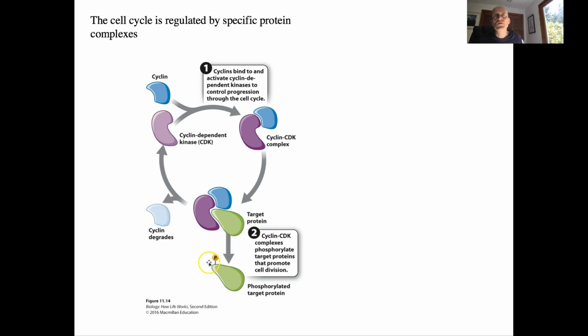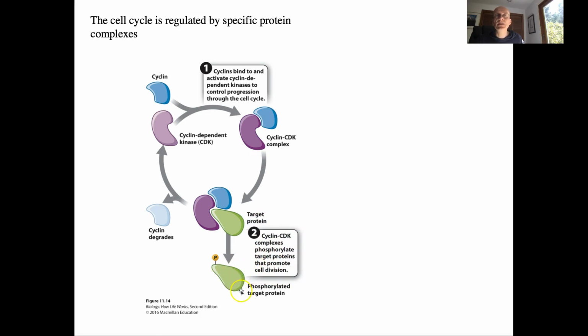That is called phosphorylation of a protein. When a phosphate group, sometimes from ATP, comes off, it can be added to another protein, and that oftentimes activates that particular protein. So the cyclin-CDK complexes phosphorylate target proteins that promote cell division.